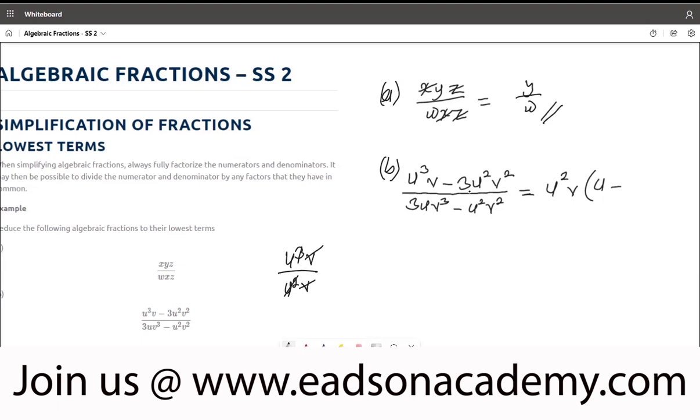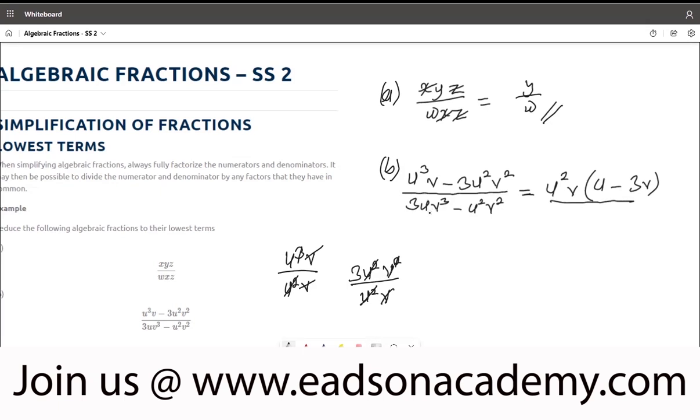Then minus, if I divide 3u square v square by u square v, I have v square there, if I cancel 1 I'll be left with 1 v. Then this u square will cancel this u square, which means I am left with 3 times v, which is 3v there. Then we do the same thing to the denominator.